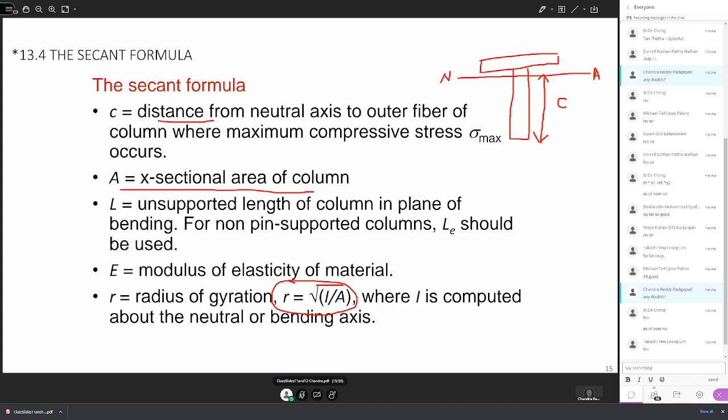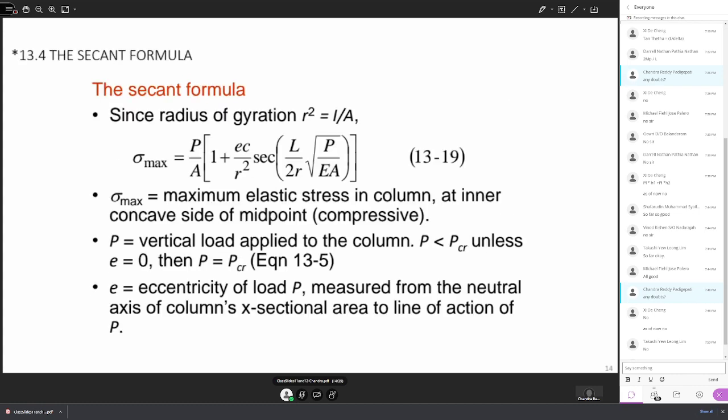A is the cross-sectional area. L is the unsupported length. When you are working with non-pin-supported columns, we use the effective length in the formula, so make sure this length is always LE, the effective length.